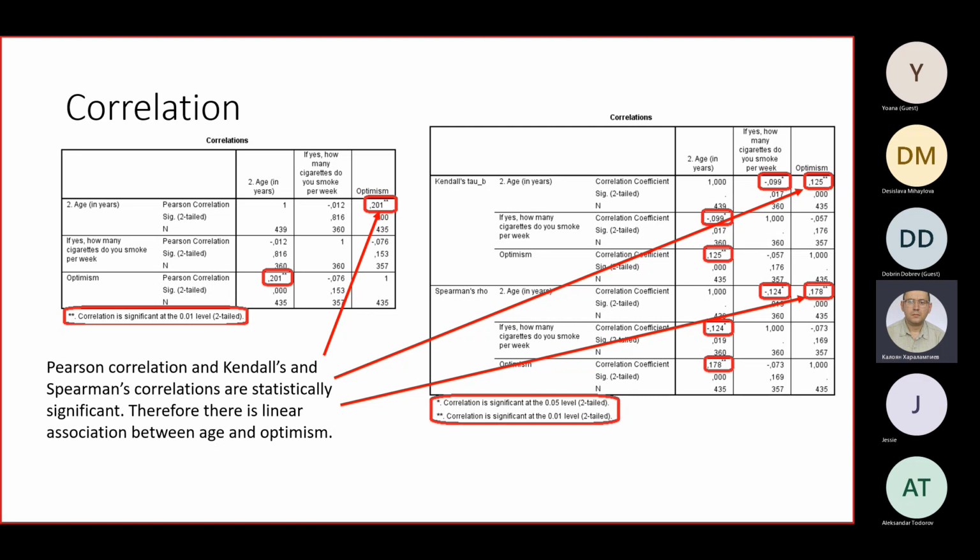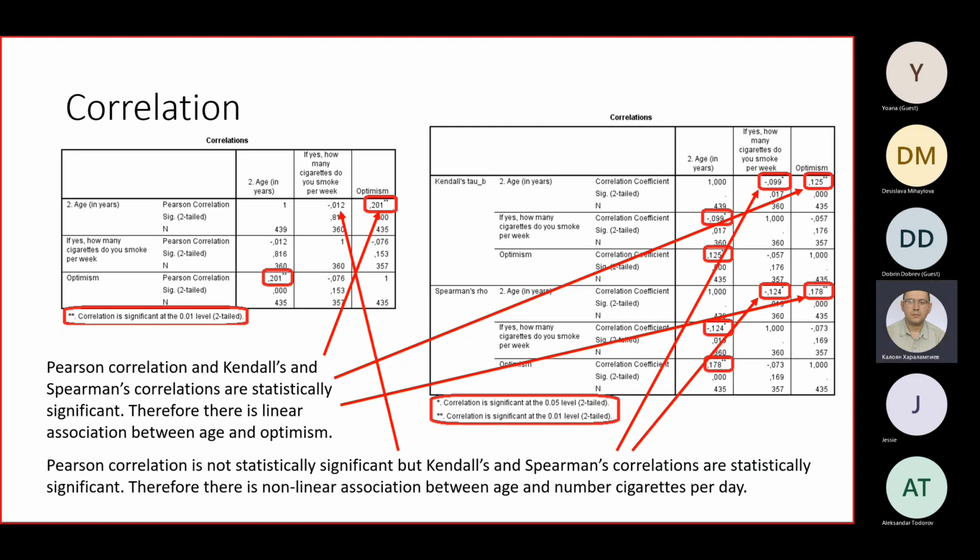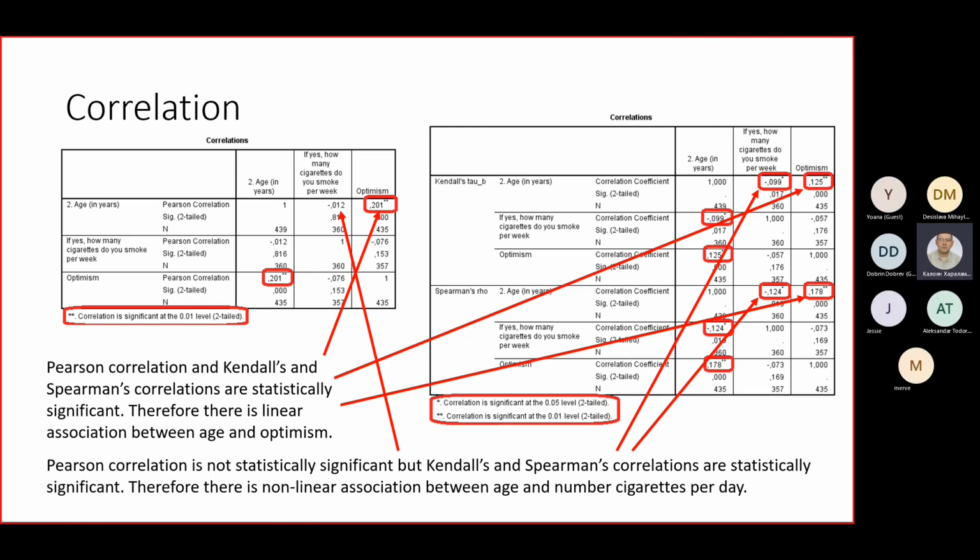But for the relation between age and number of cigarettes per week, you can see that Pearson correlation is not significant, but both Kendall and Spearman coefficients are significant.